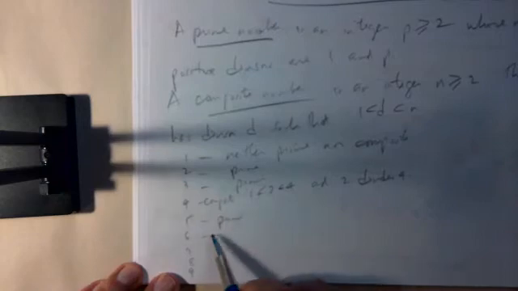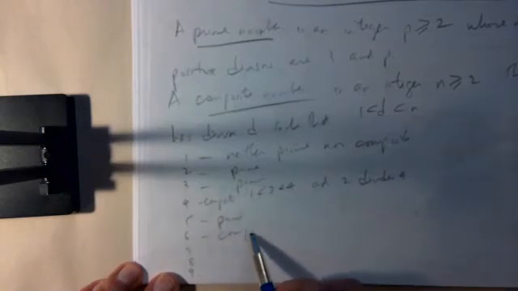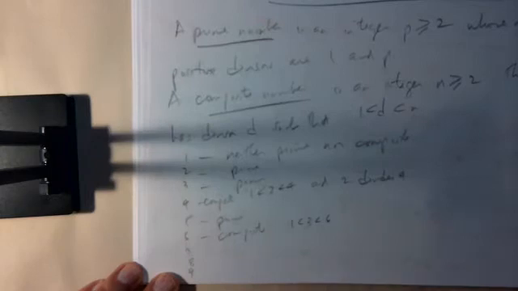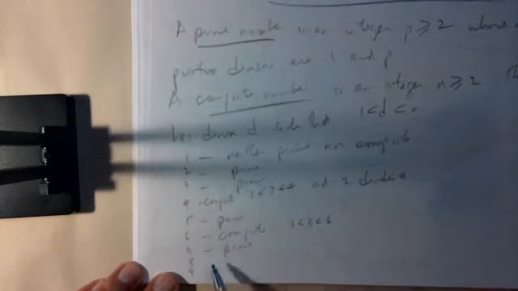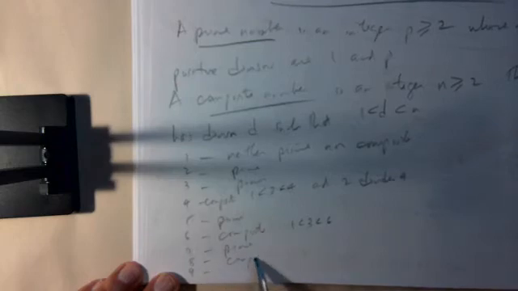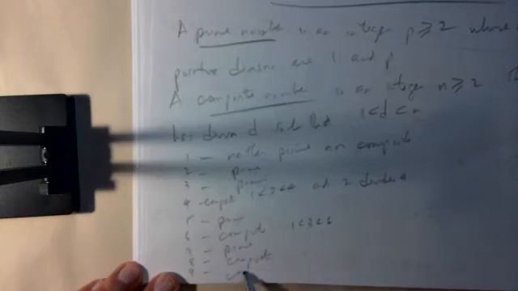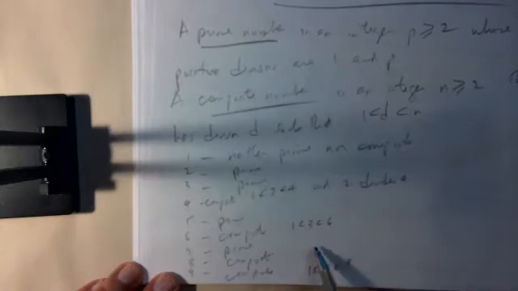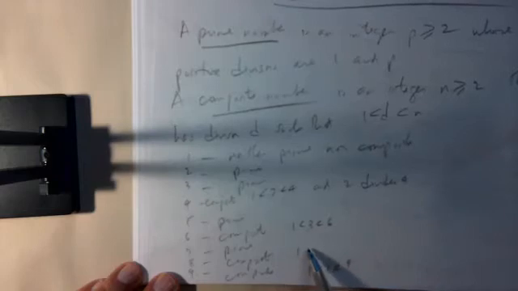So this is prime. 6 is composite because, for example, 3 is a number between 1 and 6, and it divides 6. 7 is prime. 8 and 9 are both composite. 9 is divisible by 3. 8 is divisible by 2 and by 4.